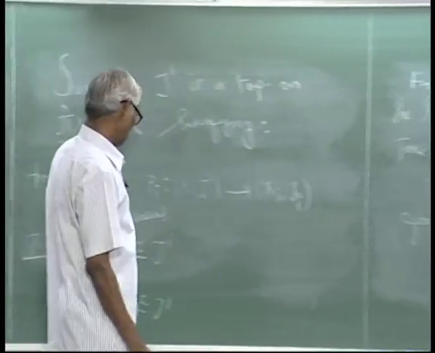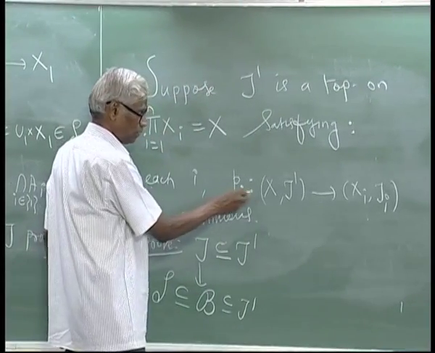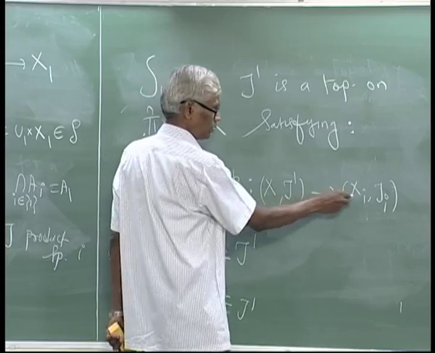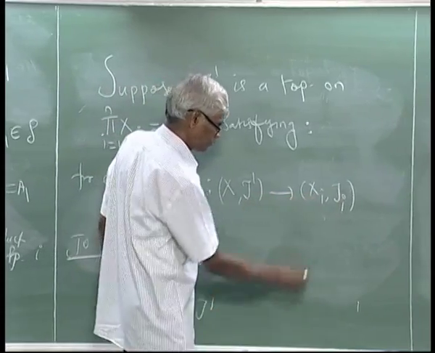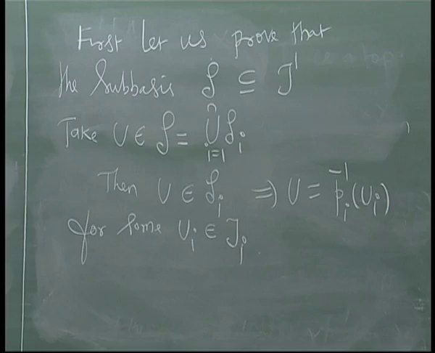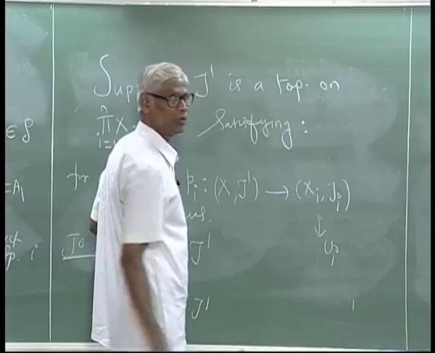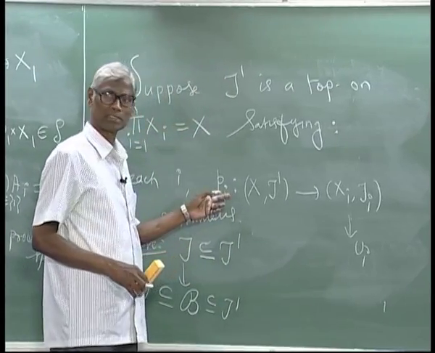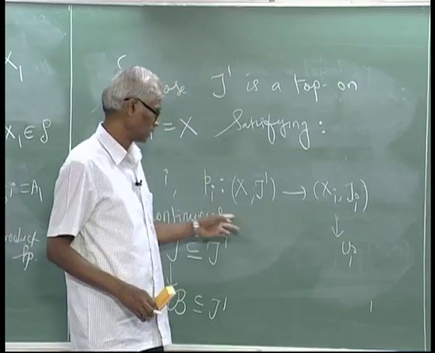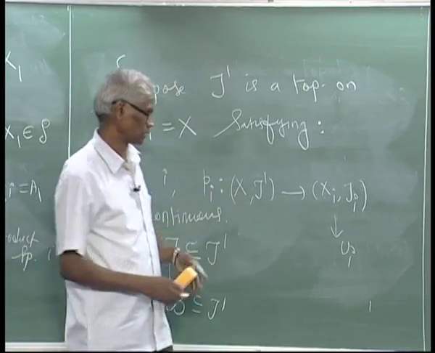But what is given to us? This Pi from (X, tau prime) to (Xi, tau i) is continuous. So, we have U_i belongs to tau i and Pi is continuous, hence the inverse image is an open set.